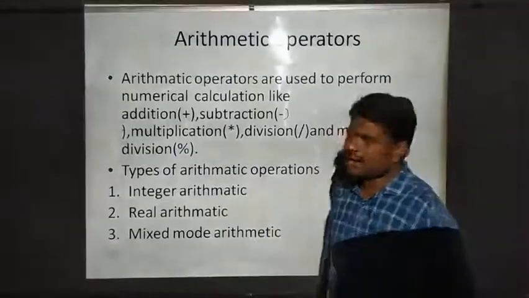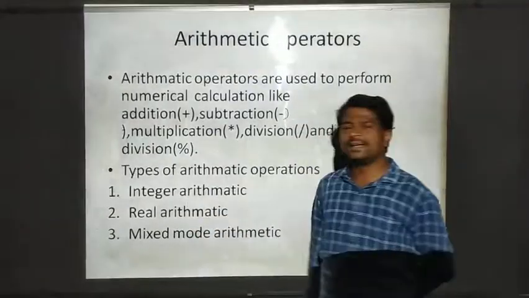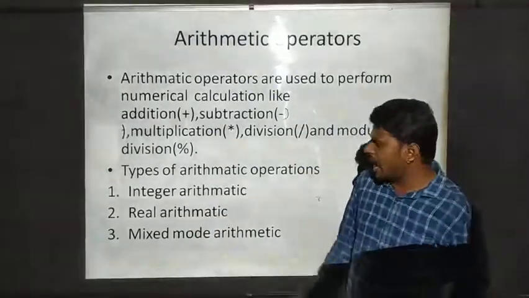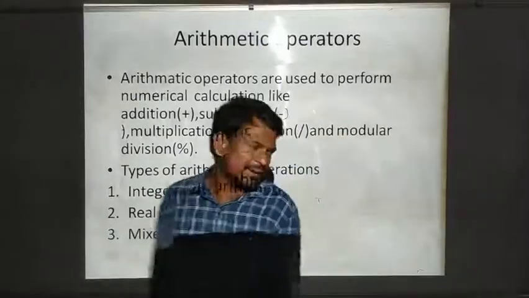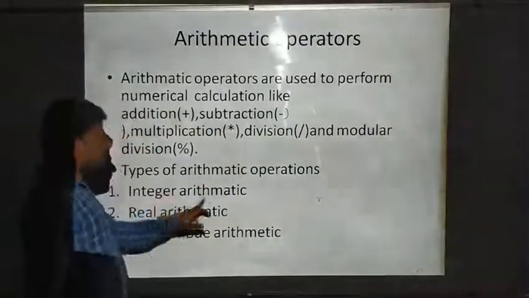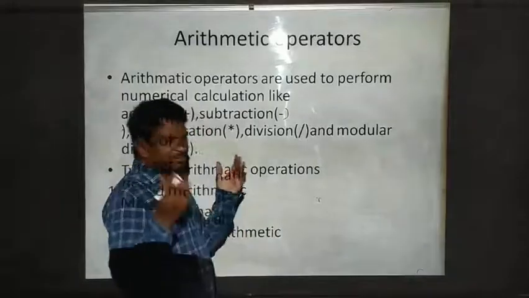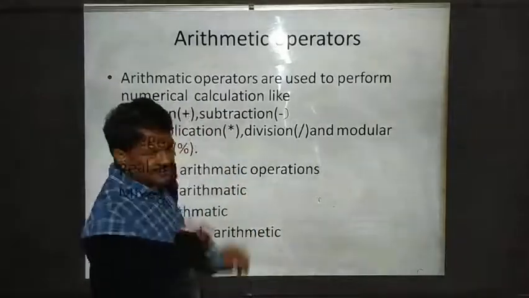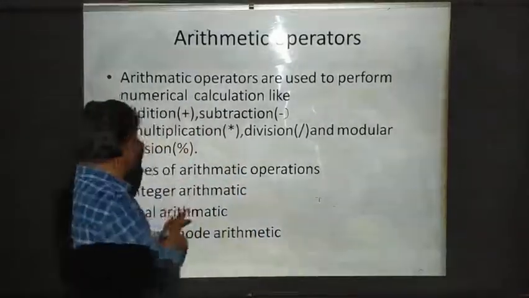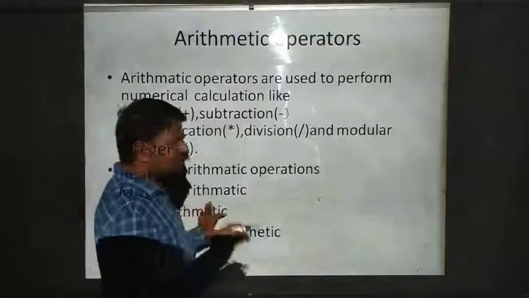There are 3 types of arithmetic operations: integer arithmetic, real arithmetic and mixed mode arithmetic. Integer arithmetic means whatever the operation is, the value should be of integer type.